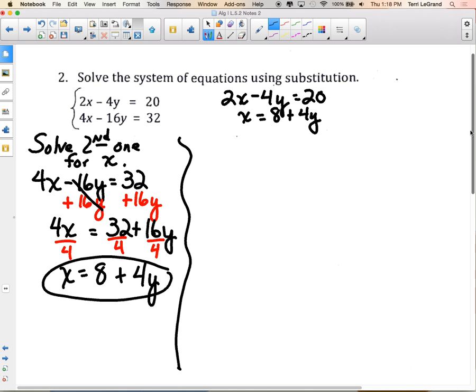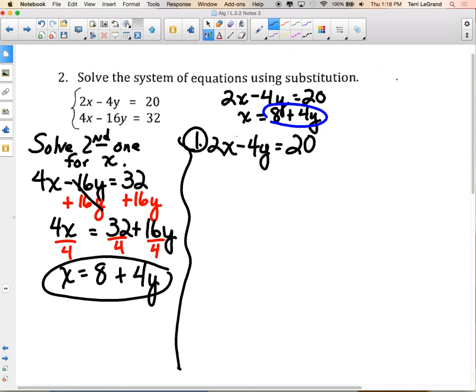Okay, what should I circle? Shay? 8 plus 4y. That means I have to use the other equation now to sub into. So step number 1, I'm just going to write down my other equation right away.